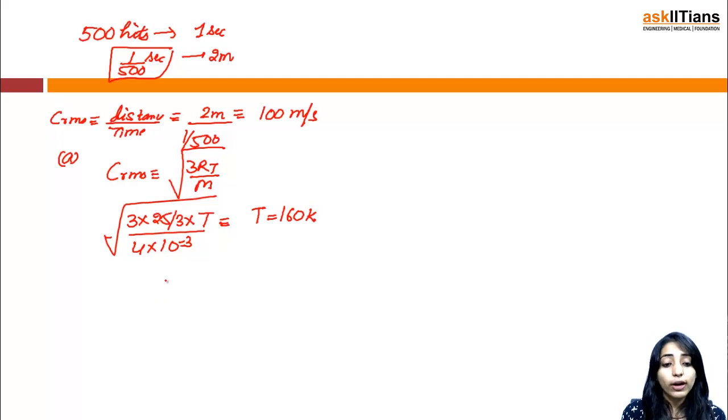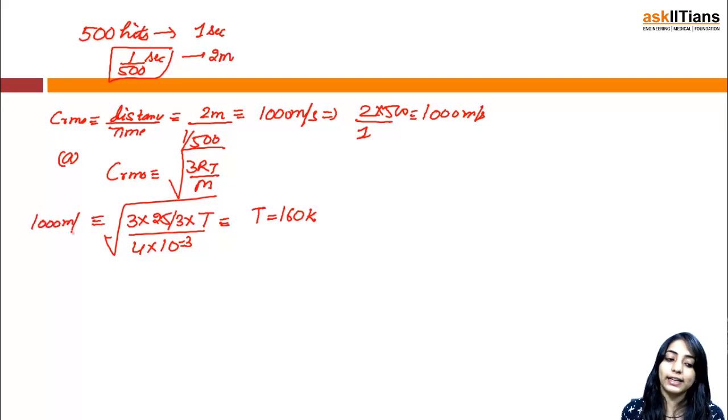So we have 2 by 1 by 500, which comes out to be 1000 meter per second, and I need to equate it to 1000 meter per second. On putting the values from equation number 1 into equation number 2, I get the value of temperature as 160 Kelvin. Now since we are done with part number A, let us move over to part number B.